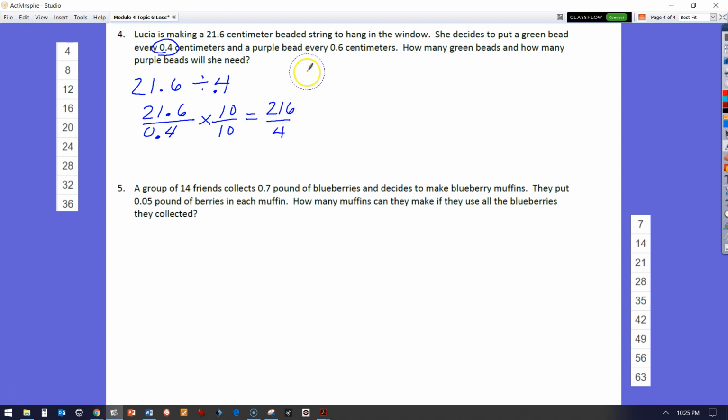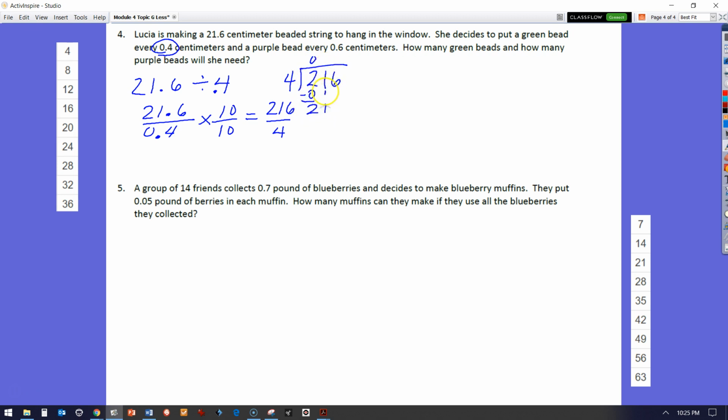And I say, well, 216 divided by 4. Look at our 4 times tables. Well, I know that's a 0 because 2 hundreds divided by 4 is going to be 0. It can't split 2 hundreds by 4 without decomposing.